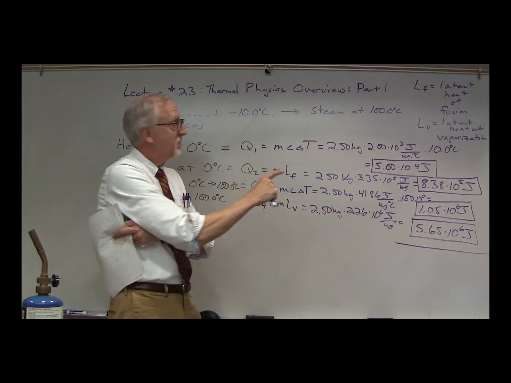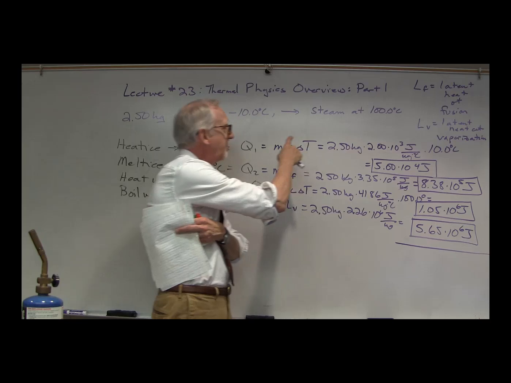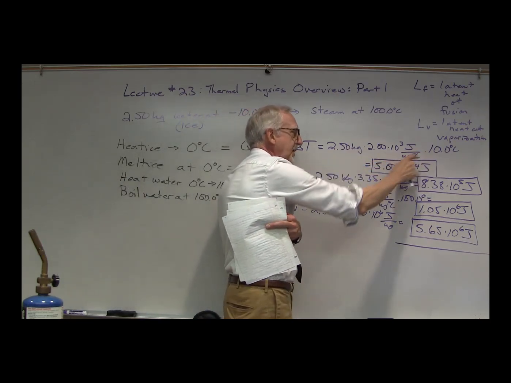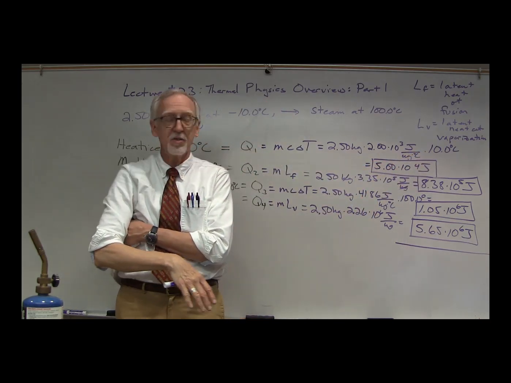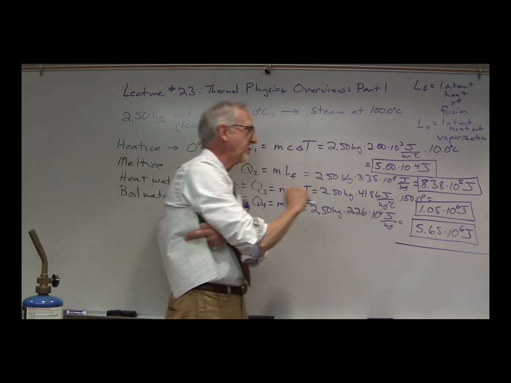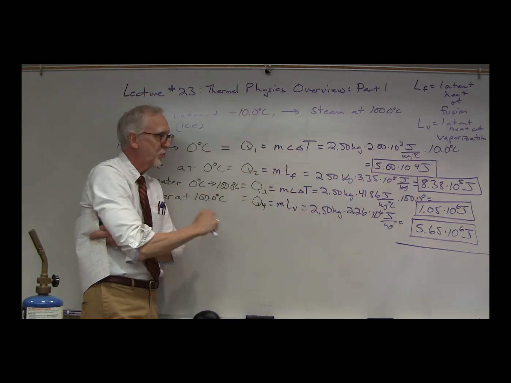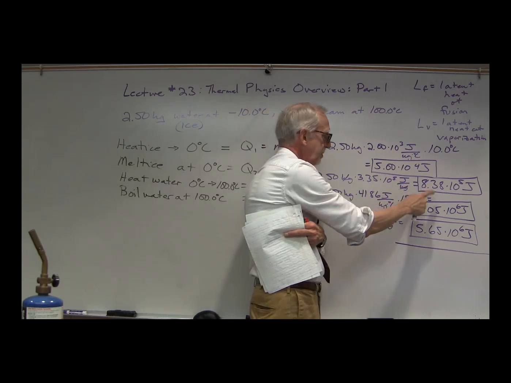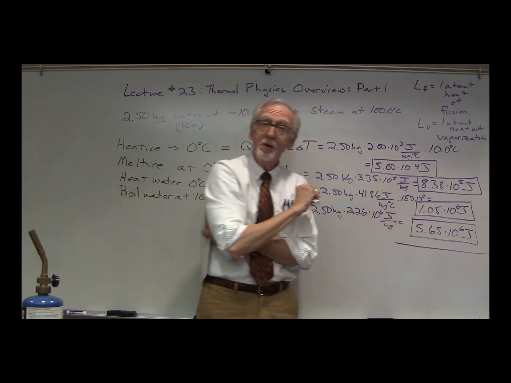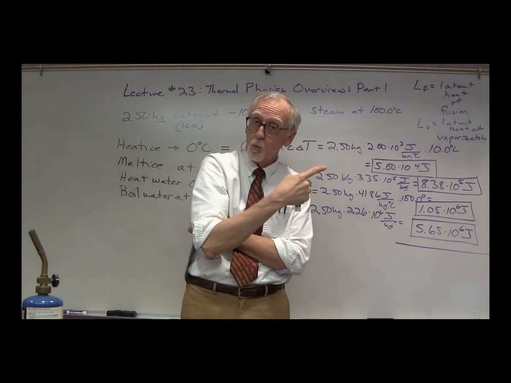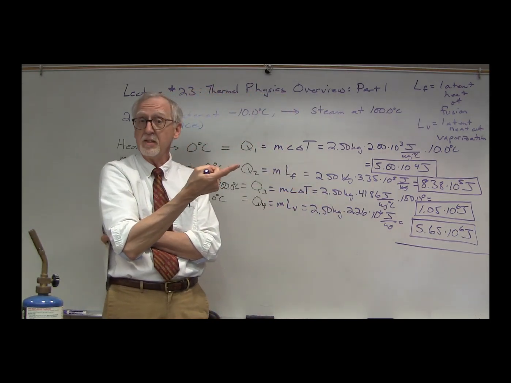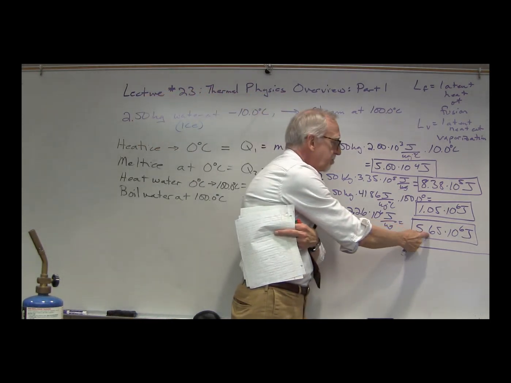Now, this one is small because of the temperature at which we started the ice. If we had started it much, much colder, this would be much, much larger. But for this particular temperature change, the energies increase. The steam, changing the 100 degree water to 100 degree steam, requires the most amount of energy.